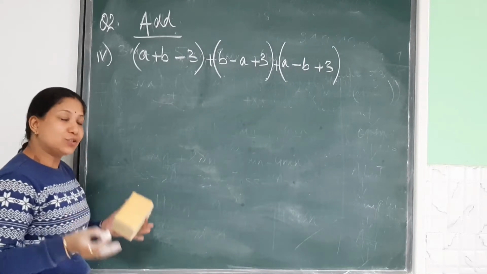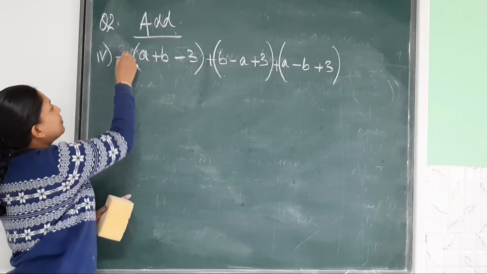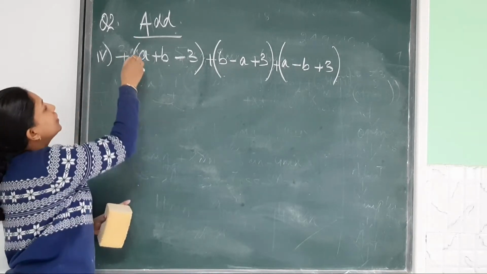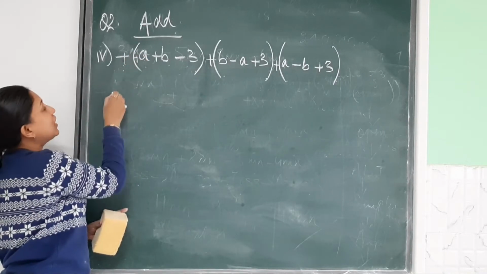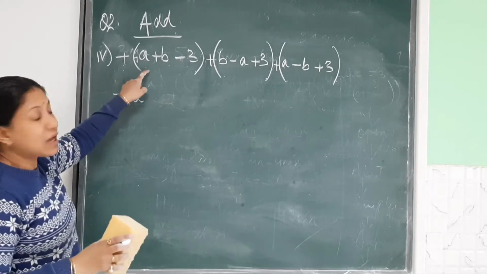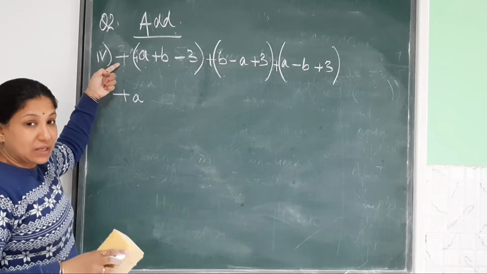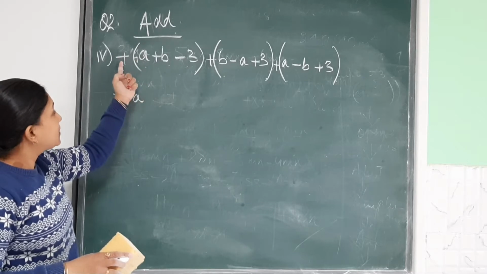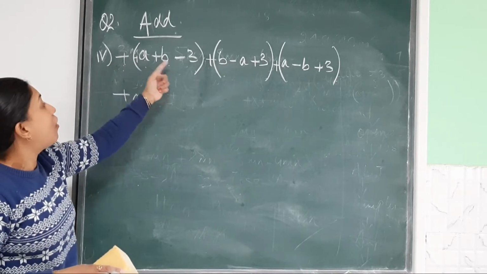Now we will solve. To open the bracket, I have no sign, which means plus. So plus multiplied by a, which has a plus sign: same signs, this becomes plus a. Children, remember what is happening here. We are taking this plus to each term, because this sign is outside the bracket, so it is common for all.